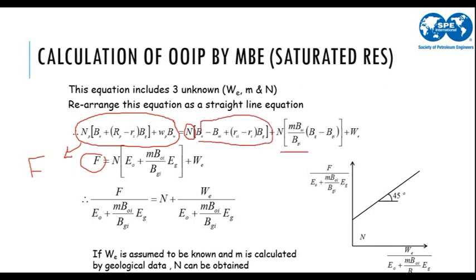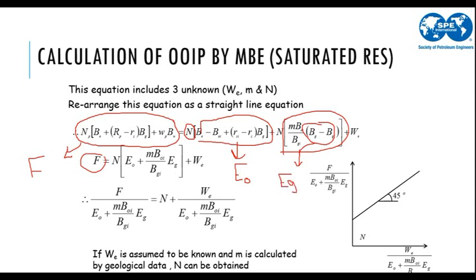Without the N, we took N as a common factor, okay? And this term we renamed EO, or the expansion of oil, and this term we would rename EG.